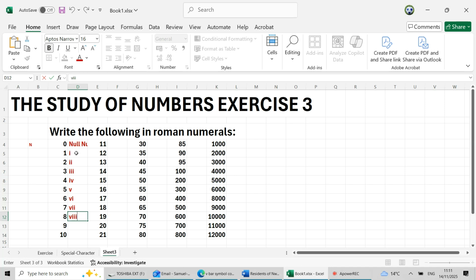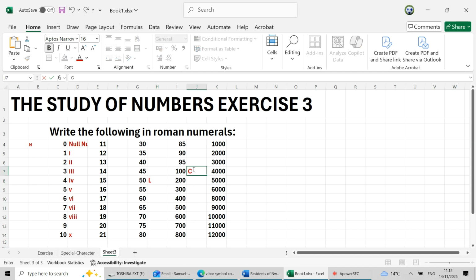That is for 8. And for 9, we cannot repeat I more than 3 times. Any symbol in Roman numerals cannot be repeated more than 3 times. The symbols that can be repeated are I, X, which is for 10, and C for 100.